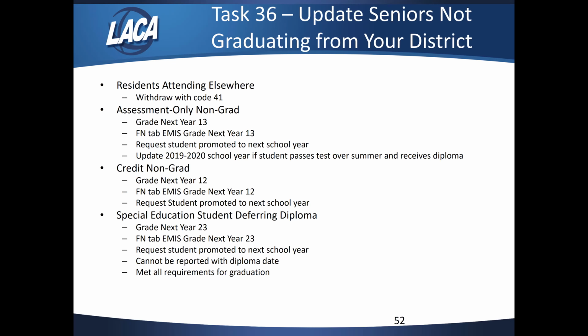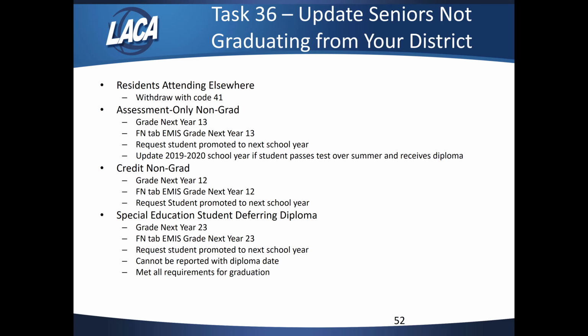That should be, update the 2021, actually the 21-22 school year, if the student passes the test over the summer and receives their diploma. Credit non-grad, grade level next year is a 12. And make sure the student gets promoted to next year.